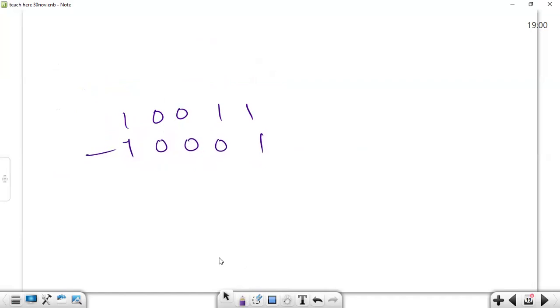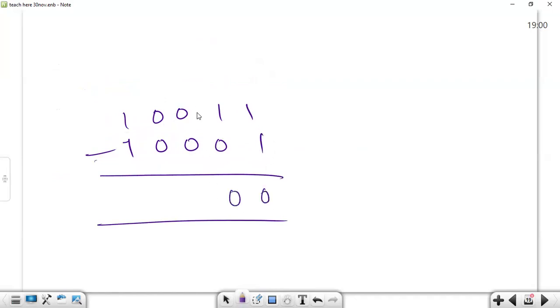Anyway, so this is the subtraction. 1 subtracted by 1 becomes 0. 1 subtracted by 0 becomes 1. This is becoming easy. Okay, let's do this now first. This becomes 0, 1, 0, 0, 0, 0, 1 minus 1, 0. So this is the answer.